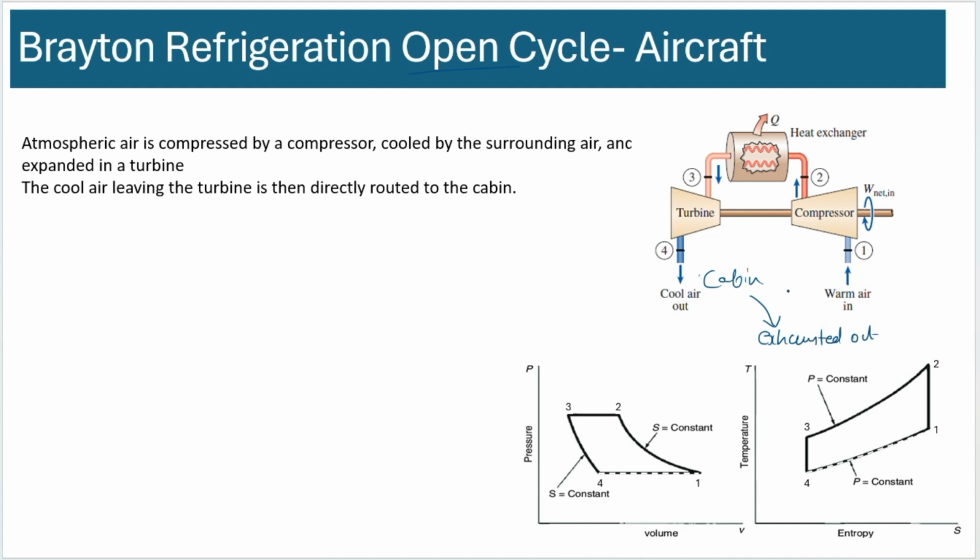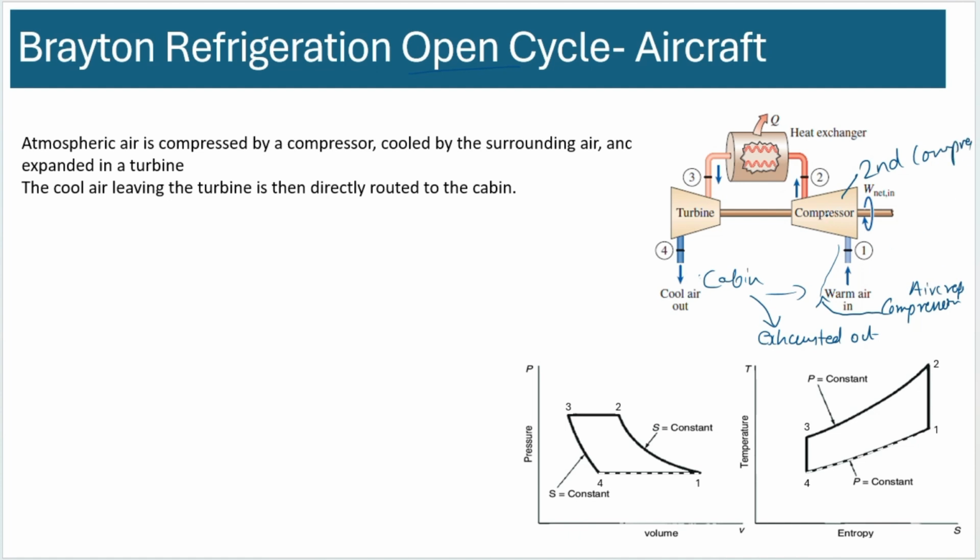And then some of it is recirculated, and some of the air that comes in is coming from the compressor of the aircraft engine, okay? Bleed air from the aircraft engine. And that goes to a secondary compressor, okay? This is not the compressor on the engine.